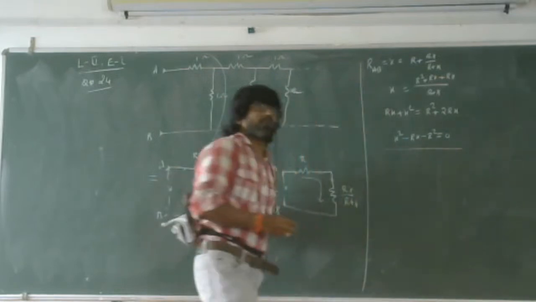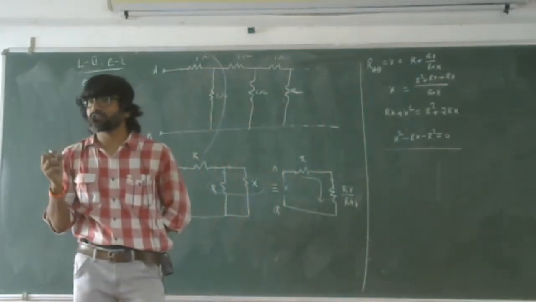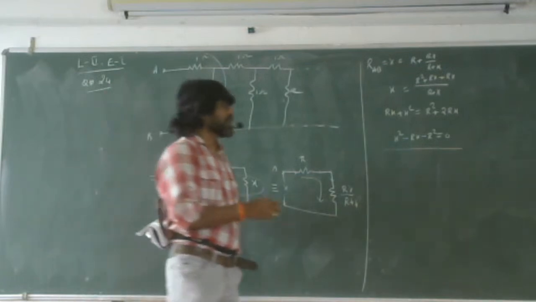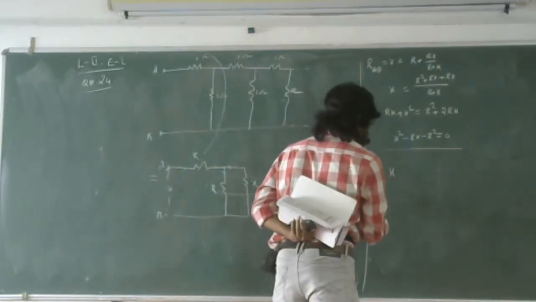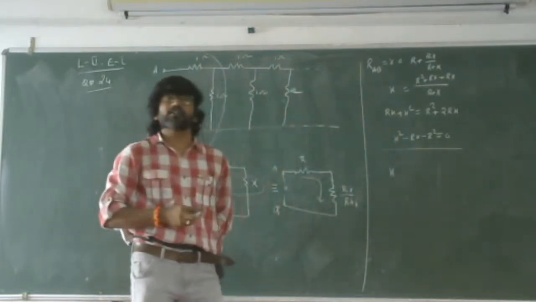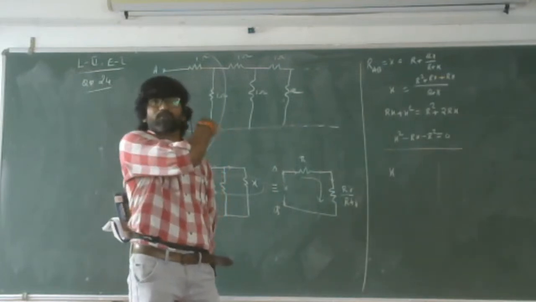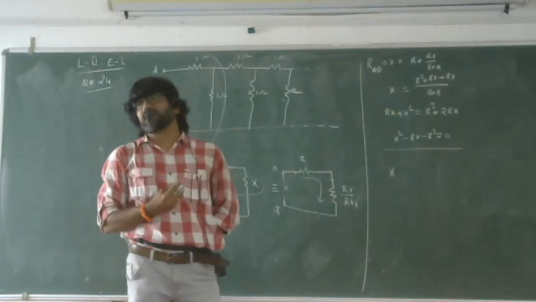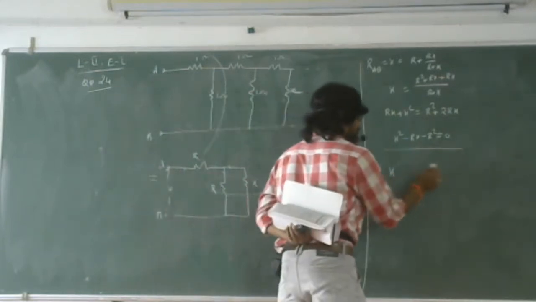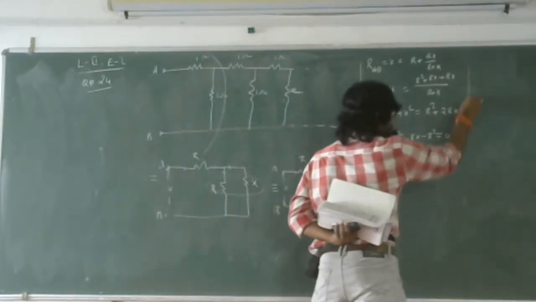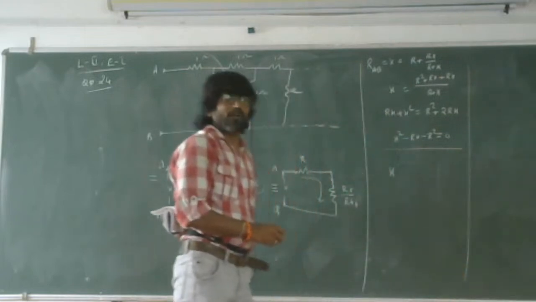This is in the form of a quadratic equation. If you solve this and find the roots of the quadratic equation for X, then you will get the effective resistance between A and B in terms of R. Then we substitute the R value, and we will get the numerical value. So you have to remember the roots of a quadratic equation.